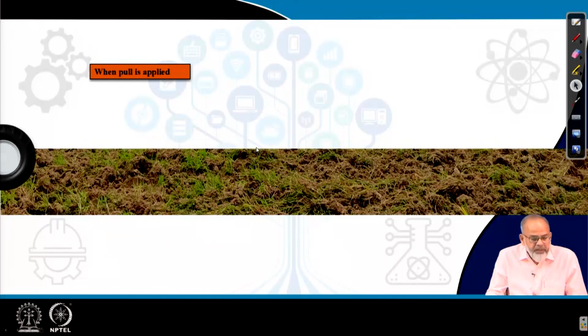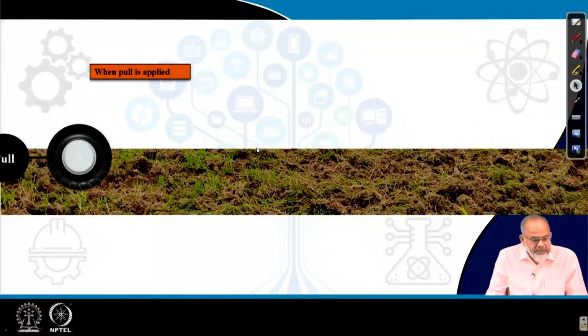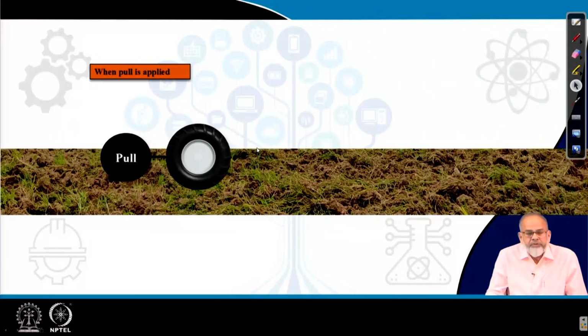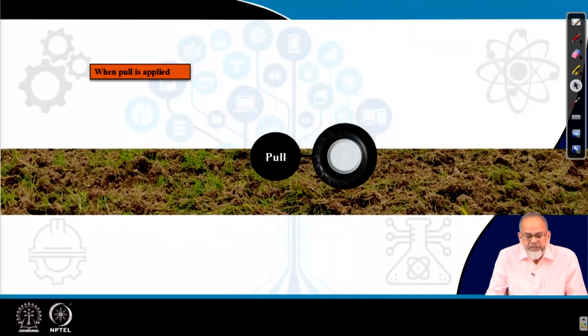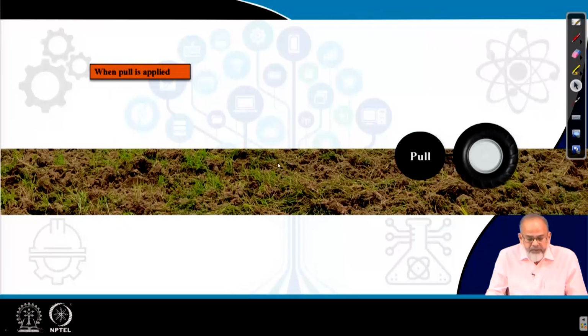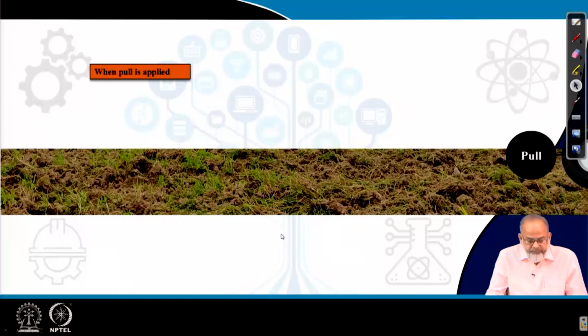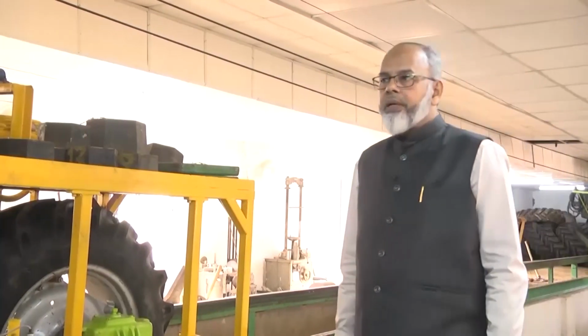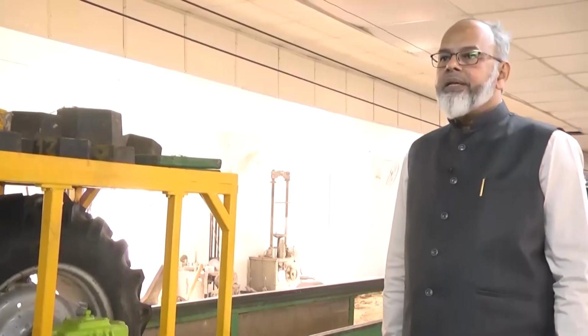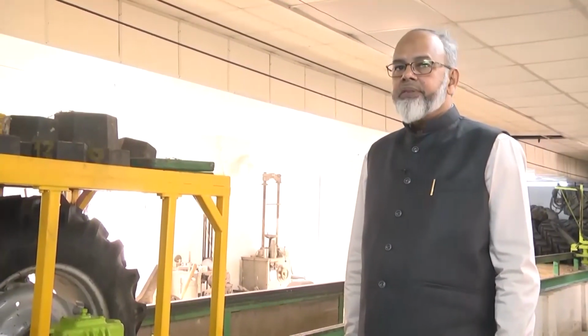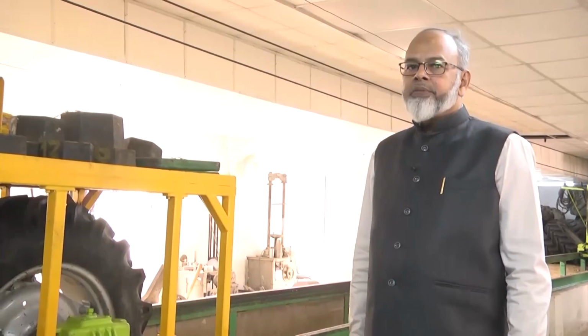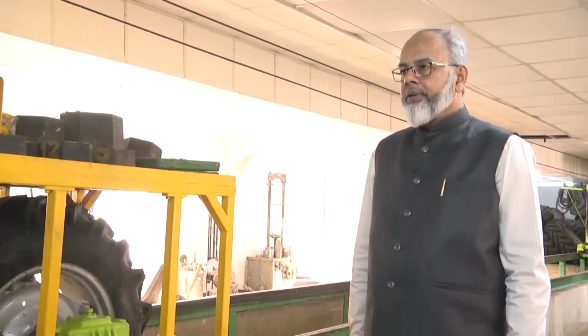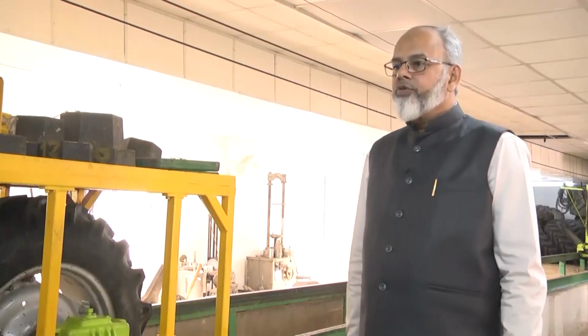The setup I have utilized to measure theoretical velocity and actual velocity, I am going to demonstrate now. Slip is important because at a particular slip we are getting maximum tractive efficiency. That means the output power is maximum for a given input power, and the same is the case with the coefficient of traction.